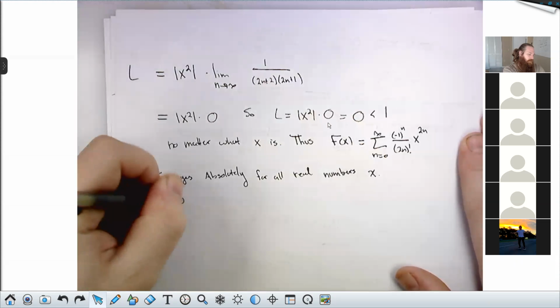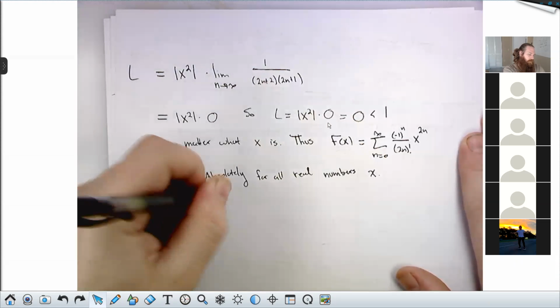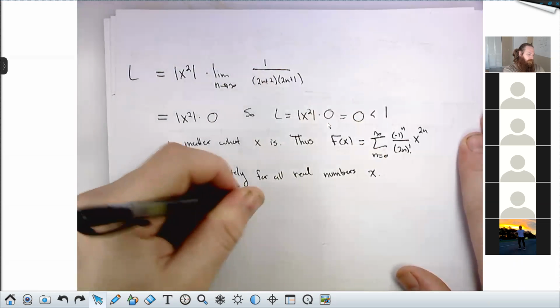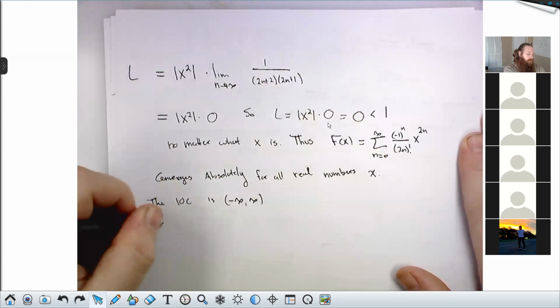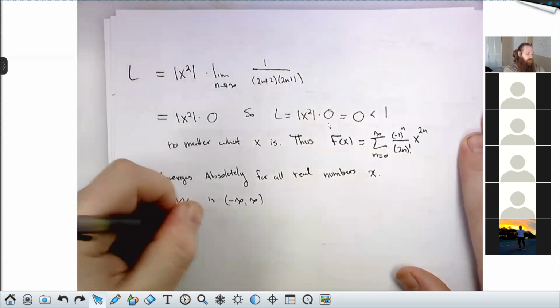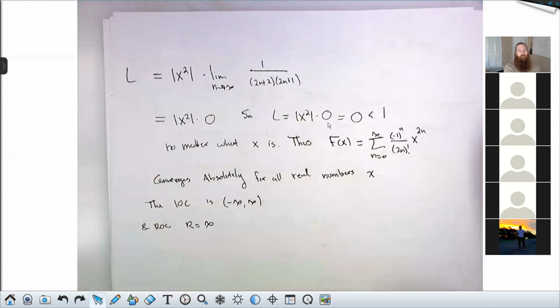The IOC, the interval of convergence, is -infinity to infinity. And the ROC, the radius of convergence, is plus infinity.